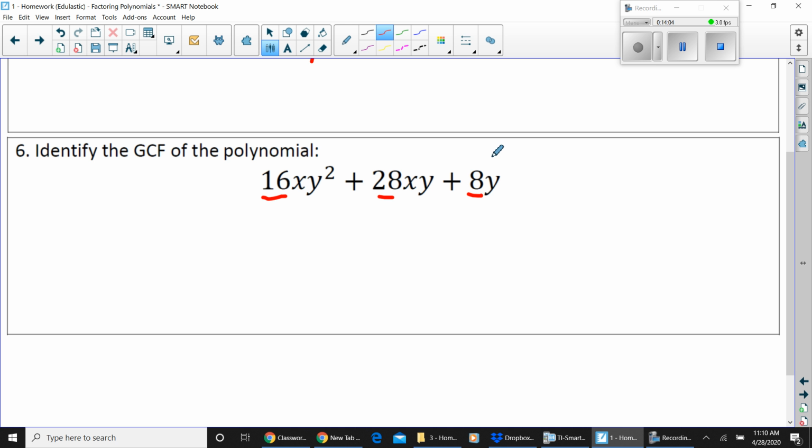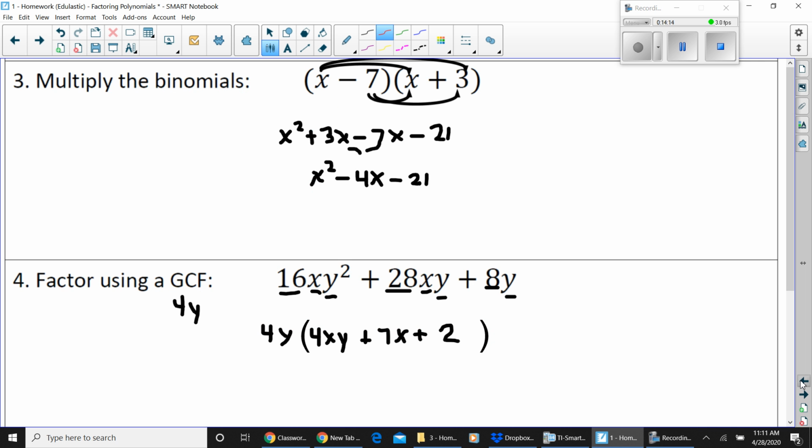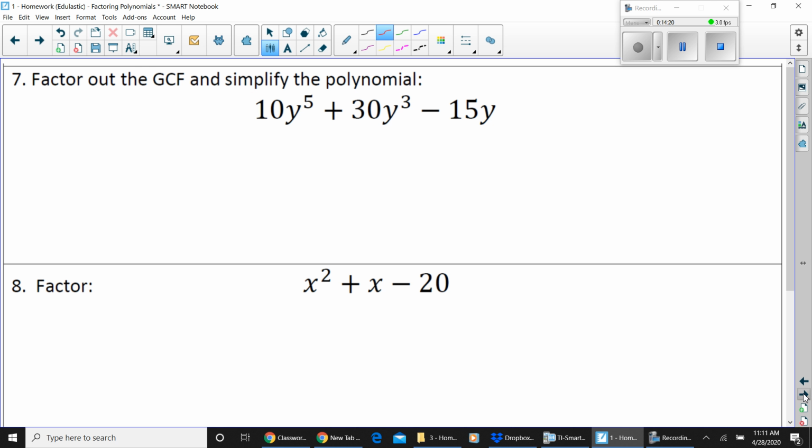I'm sorry, this is the same as number 4, so you don't have to do it. We'll skip this right now and go to factoring out the greatest common factor and simplifying the polynomial.